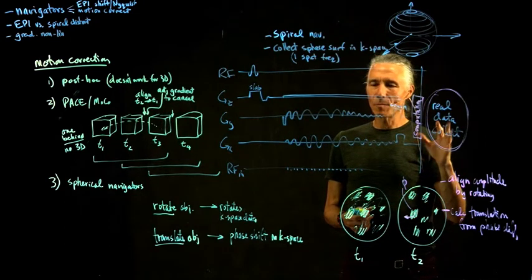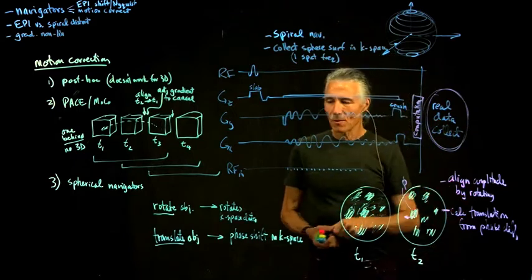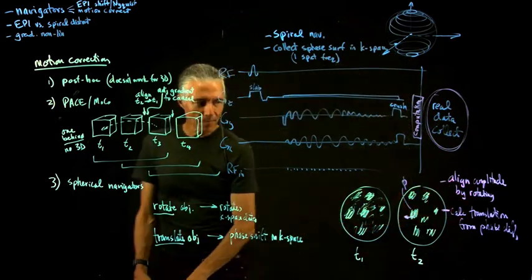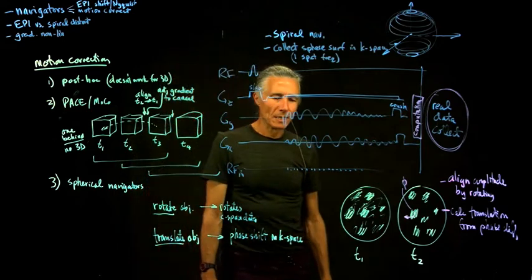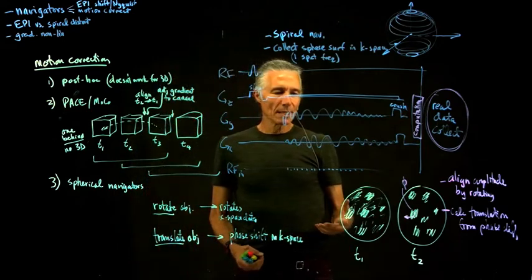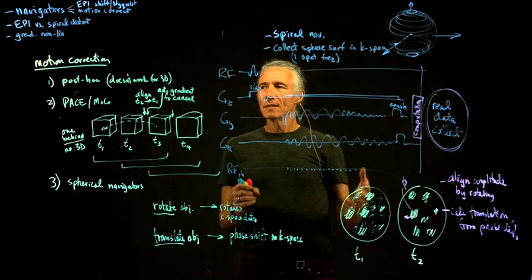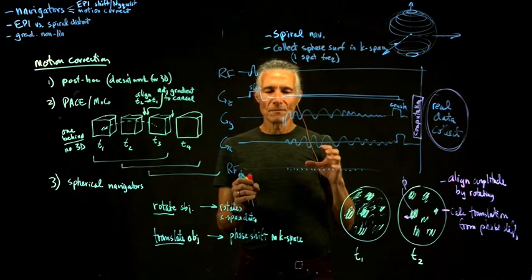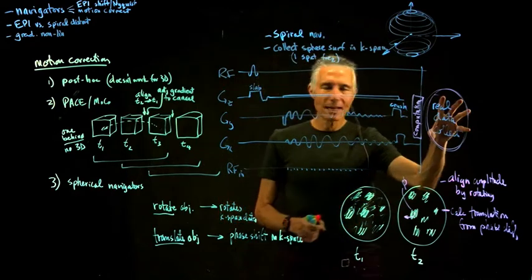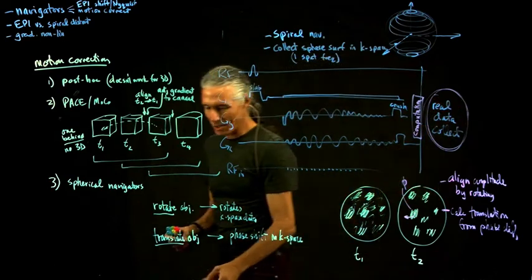And then our real data will be lined up. So this is an example of how to collect some additional data very quickly to try to fix the main data collection and get rid of the motion.